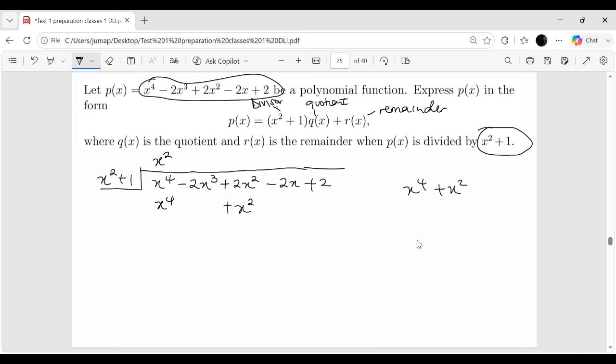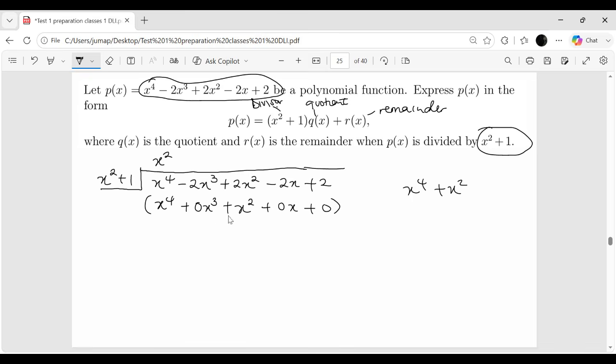But since we don't have the middle number, I've just written it straight with this one so that I can easily subtract it. So meaning that I don't have the one with x to the power 3, meaning I have plus 0x to the power 3. Then here I'll just say plus 0x plus 0 so that I can easily subtract.